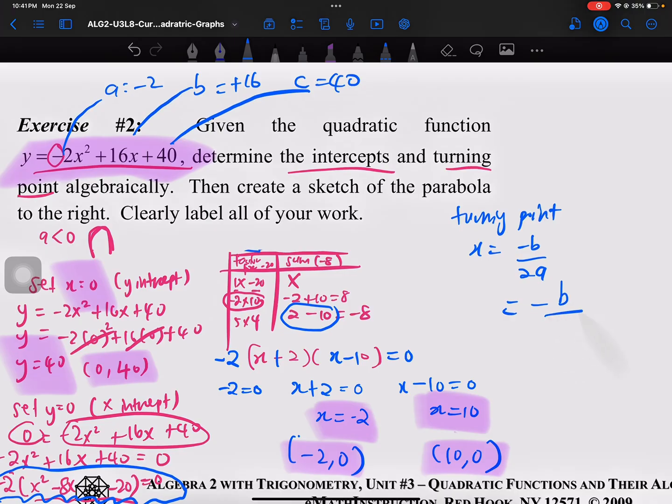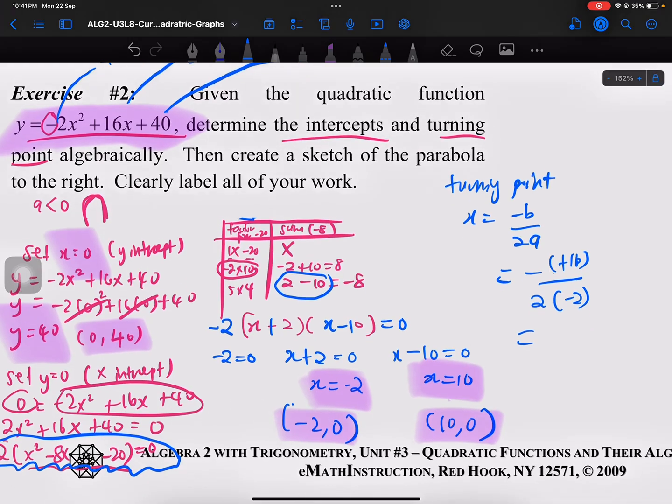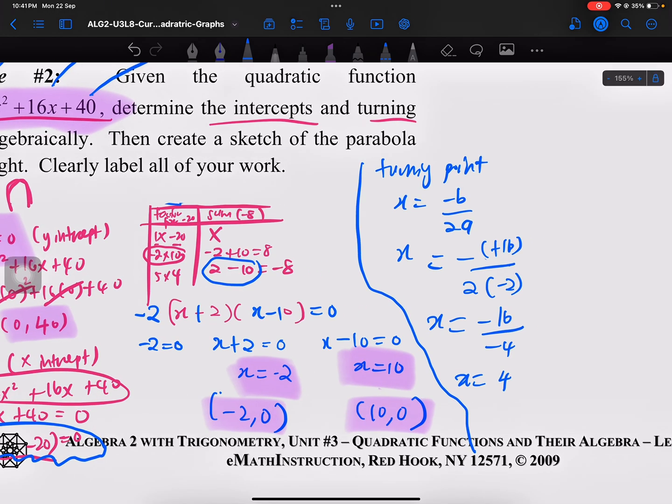Minus b over 2 times a. My b is 16. So minus 16 over minus 4 becomes 4. So this is my x. X is 4. You get your x of 4, but you cannot just leave it like that.